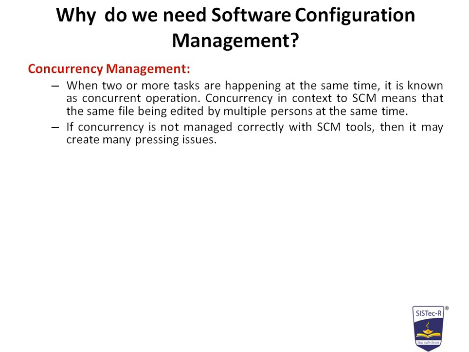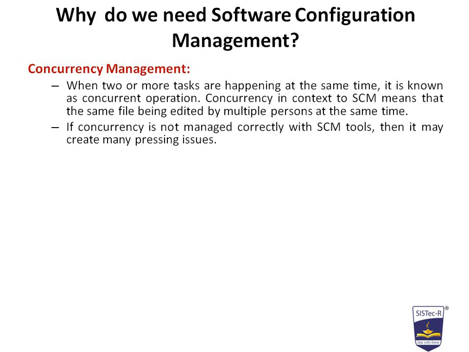Concurrency in context to SCM means that the same file is being edited by multiple persons at the same time. If concurrency is not managed correctly with SCM tools, then it may create many pressing issues.